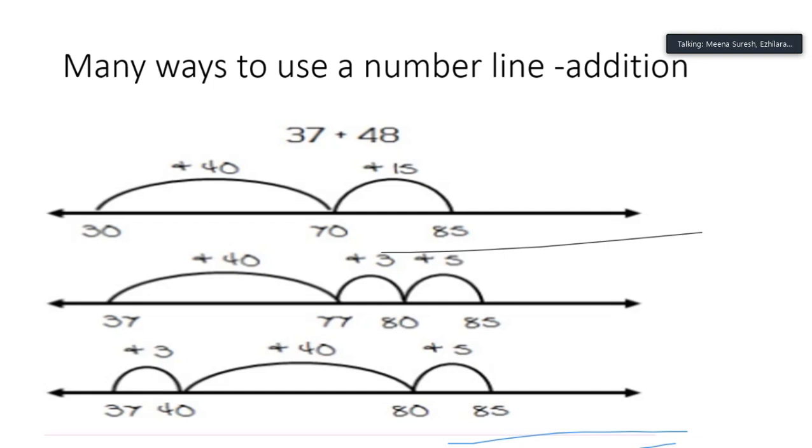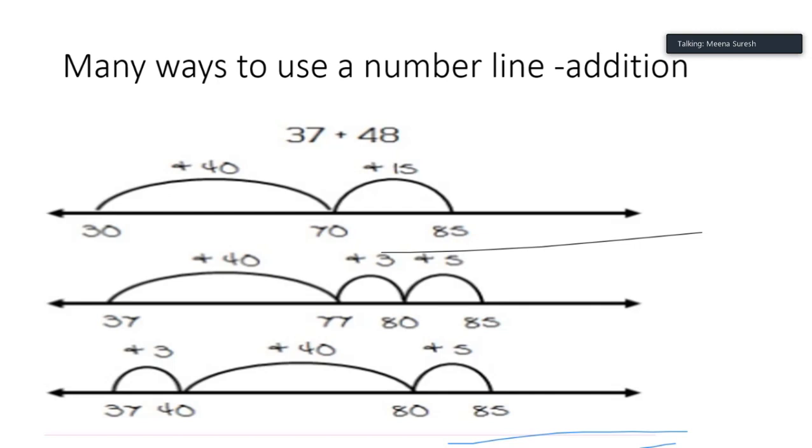I hope all of you are able to see what I am showing here. Yes, ma'am. And then add another 8. They get the answer. This is one way. The next way is first they add 40, they get 77.